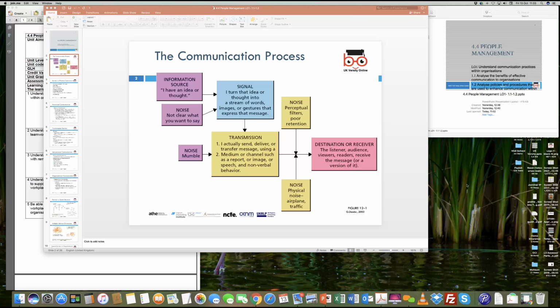So this whole stepwise process of communication was put together by Dressler, and it has 5 elements.